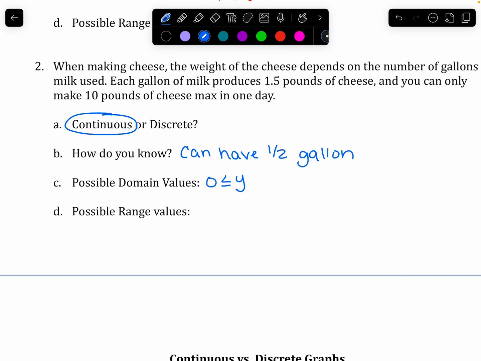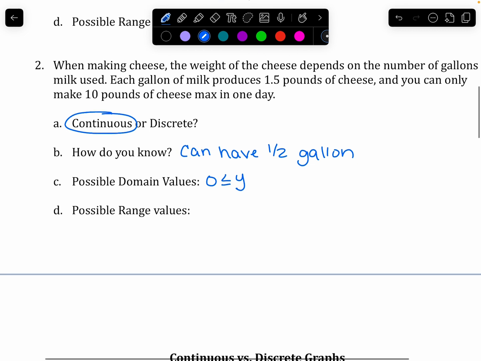So it looks like 15 is going to be the maximum amount of gallons that I can use.